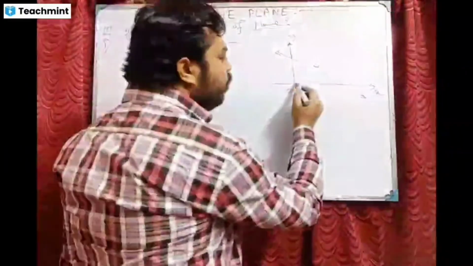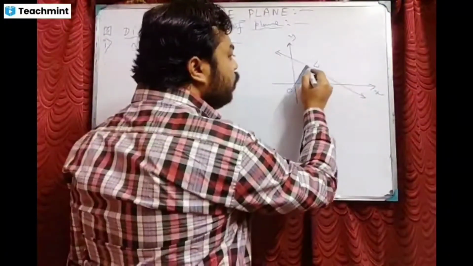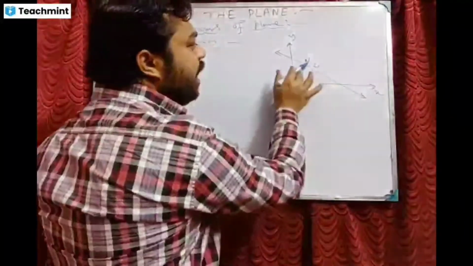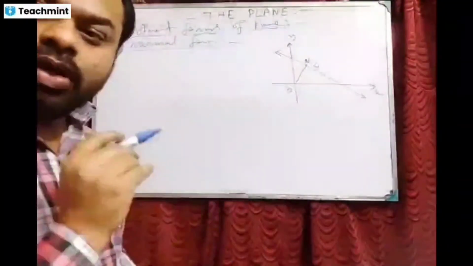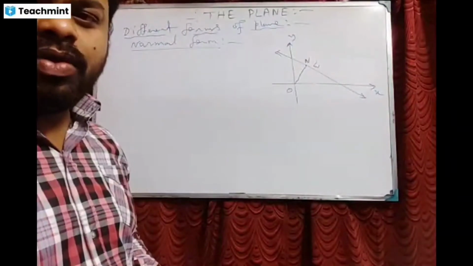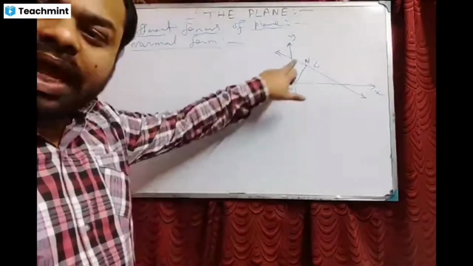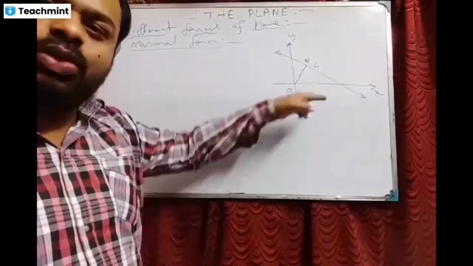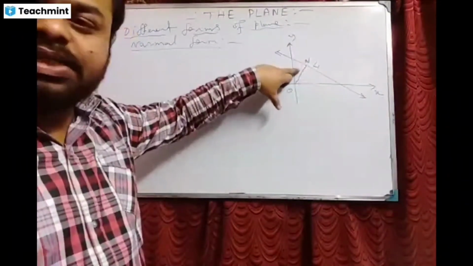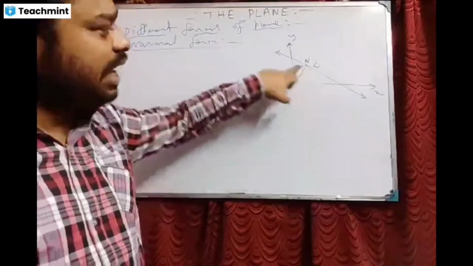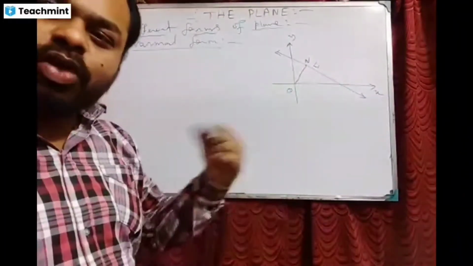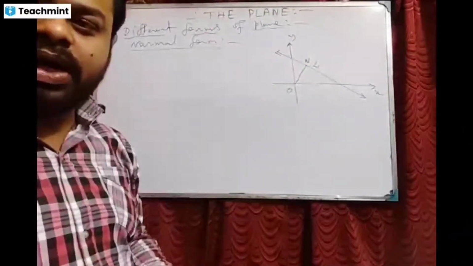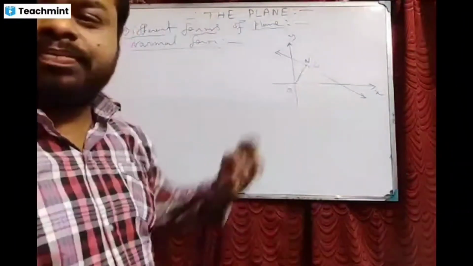We draw a perpendicular from the origin to the line L, which meets the line at the point N. N is called the foot of the perpendicular drawn from the origin to the line.